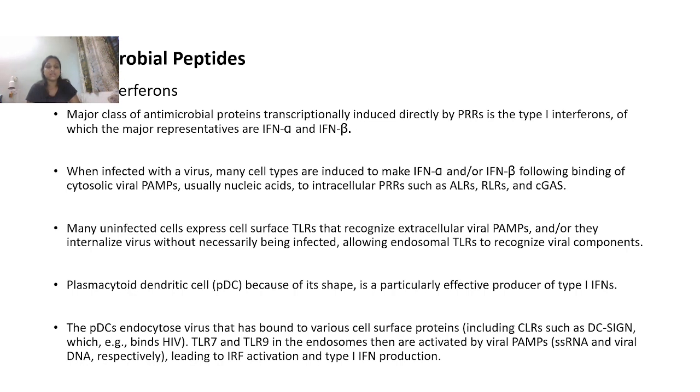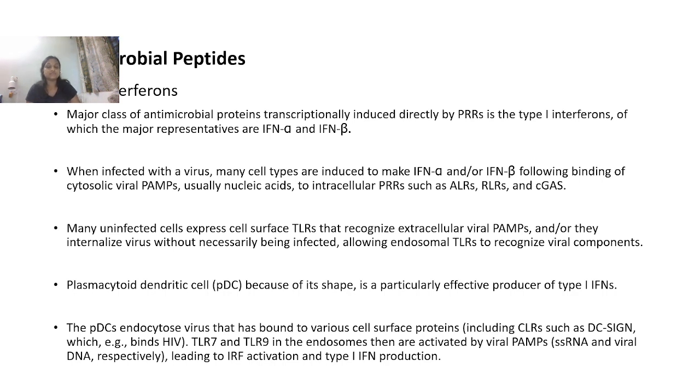These PDCs endocytose the virus that has bound to various cell surface proteins, for example the DC-SIGN receptor, which is a receptor for both HIV and dengue virus. So these PDCs endocytose these viruses and help in the production of interferon.